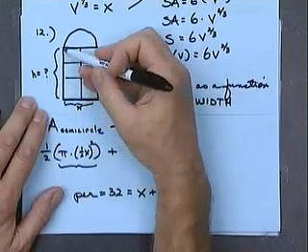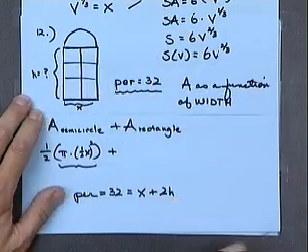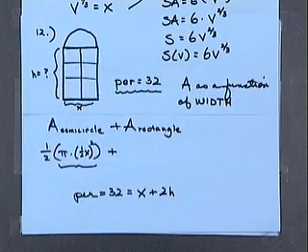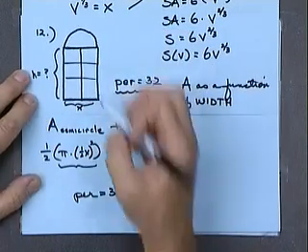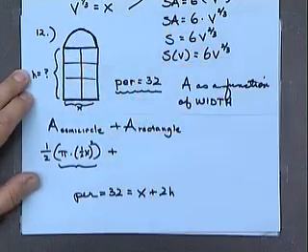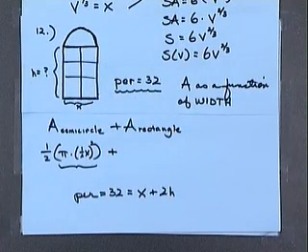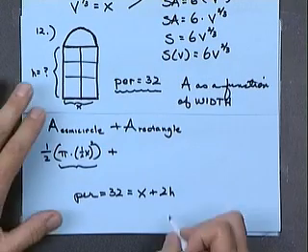So we've got an h over here and an h over here, so we've got two h's. And then we'll eventually have to solve for h. And then we've got this, which is really not perimeter. It's really circumference, half of the circumference. The circumference, Blair, of an entire circle would be 2 pi r. So we have half of that circumference, so we have pi r.